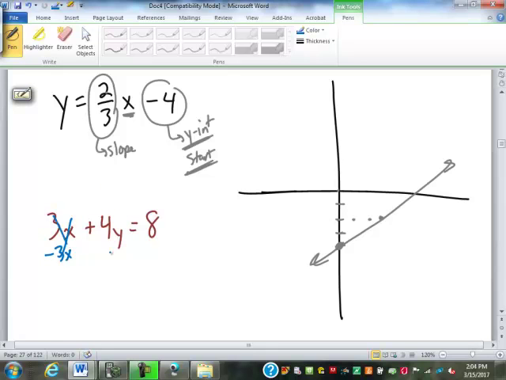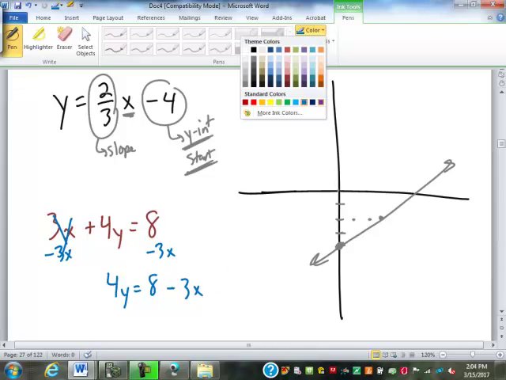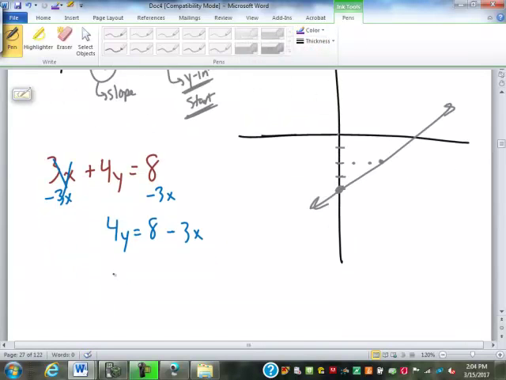Very good. We're going to subtract the 3x. So the 3x is gone. We have 4y equals 8 minus 3x. And then we just have to get rid of the 4. And how do we do that? Divide by 4. Perfect. So the 4 is gone there. So what's left over there is y.